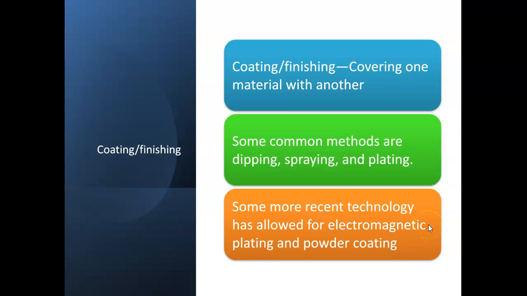So talking about coating and finishing, we can talk about dipping or spraying or plating, so electromagnetic plating and powder coating, or just regular paint as well. Caterpillar, of course, has their paint booths where they apply paint to help as rust inhibitors.